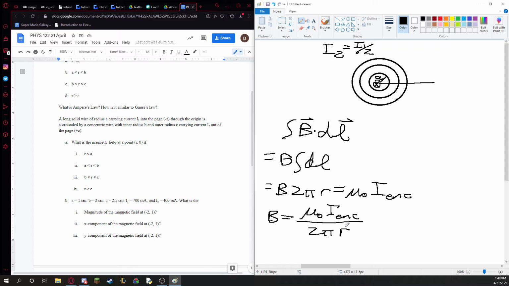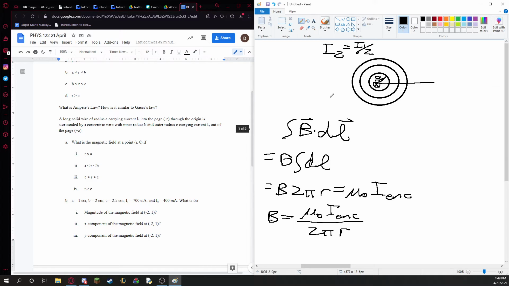And now we can at any point find what the enclosed current is, and from that find our magnetic field, at least the magnitude of it, and then we use the right hand rule to find the direction. At least that's what I recommend. Find the magnitude, then find the direction.